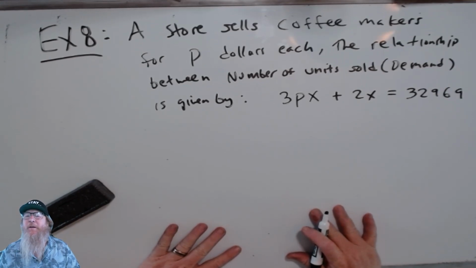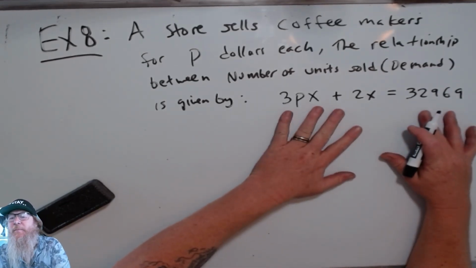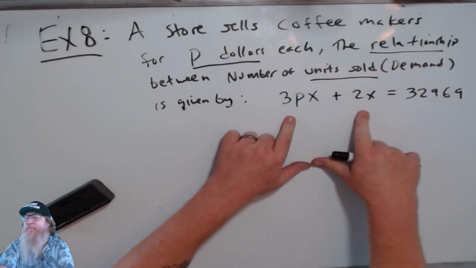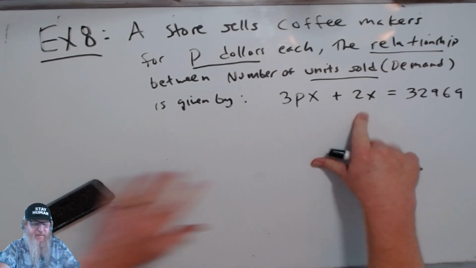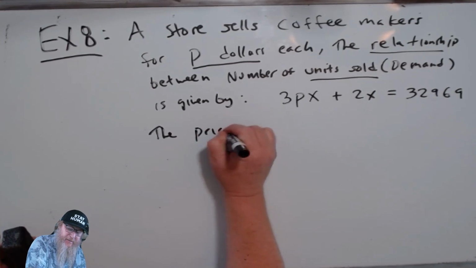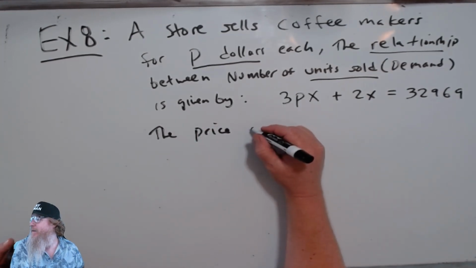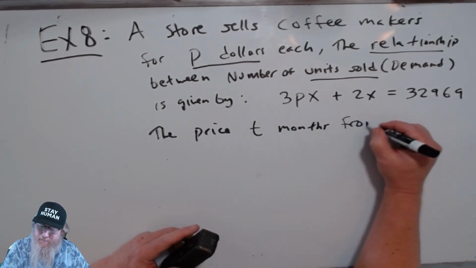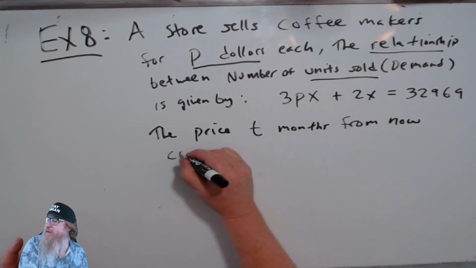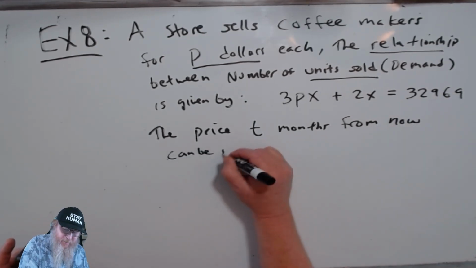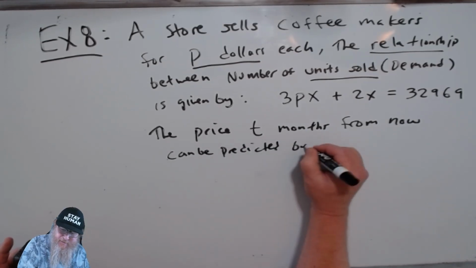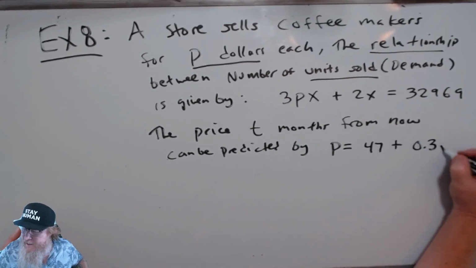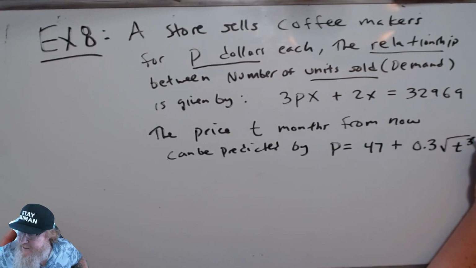All right, it's not a simple function, it's a relationship between the number of units sold and the price P. Okay. The price T months from now can be predicted by the equation P equals 47 plus 0.3 times the square root of T cubed.